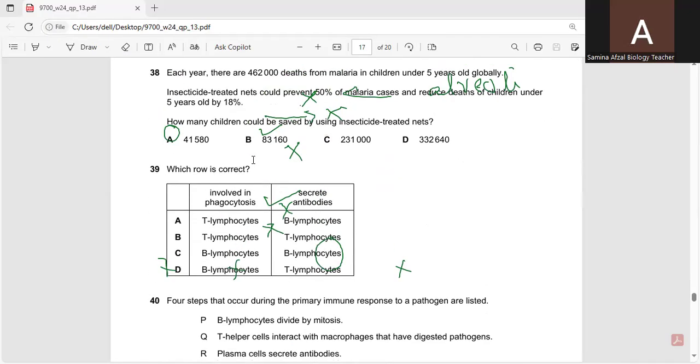Question number 38. Each year there are 462,000 deaths from malaria in children under 5 years old globally. Insecticide treated nets could prevent 50% of malaria cases and reduce deaths of children under 5 years old by 18%.